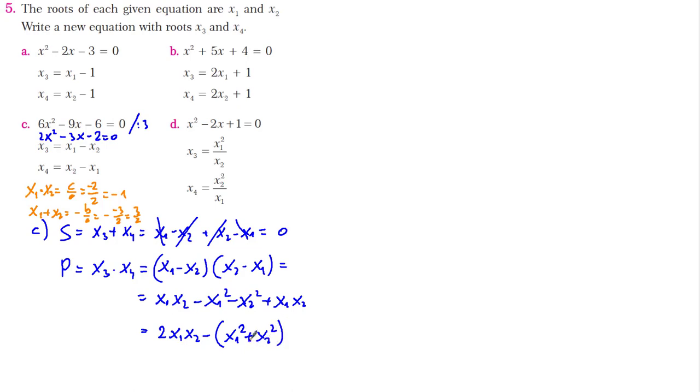Well, here you can use the formula for x1 squared plus x2 squared that's in your book, or otherwise we can try to write it as the sum of the squares. So you can try this one, continue with the formula from the book. On the other hand, I will continue solving it in method 2 by trying to write it as x1 plus x2 whole squared.